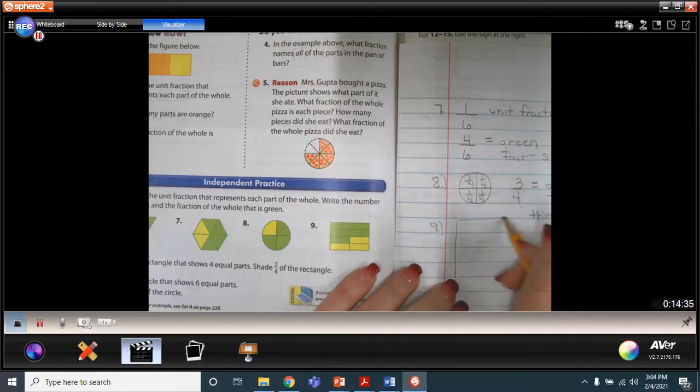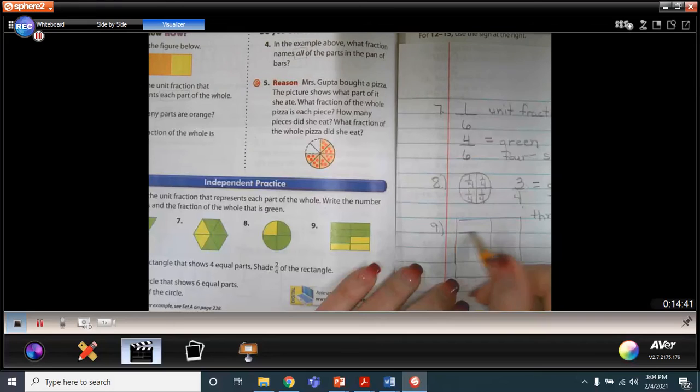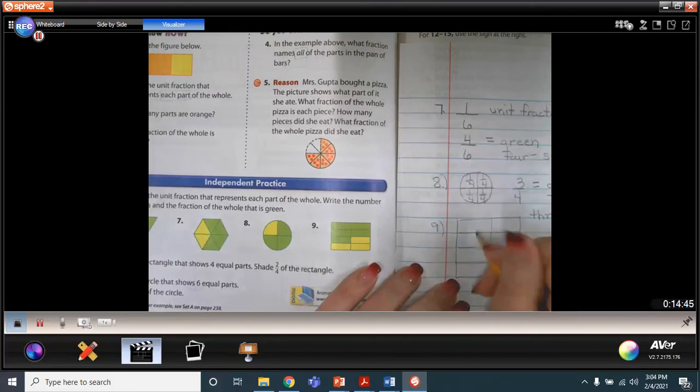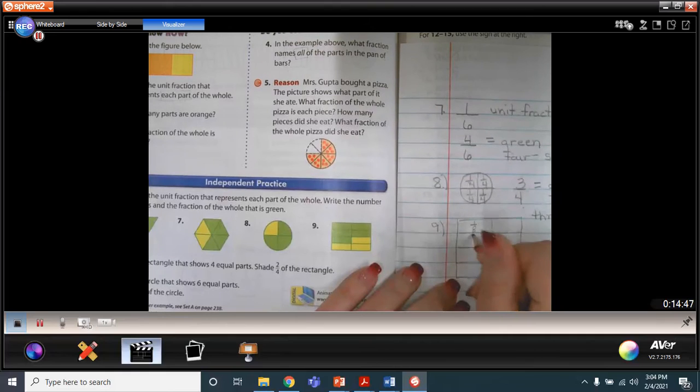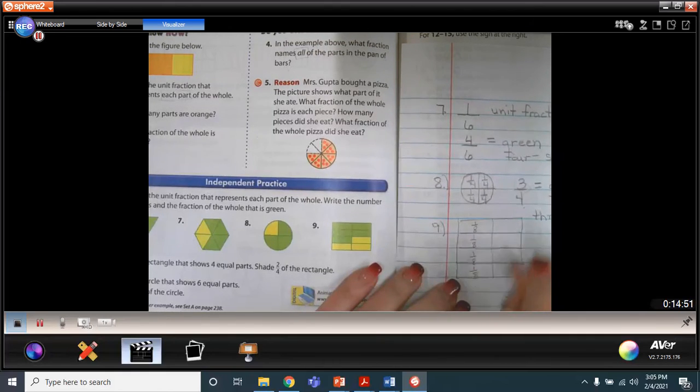I'm just going to draw it real quick here. Using my blue lines to kind of help me make sure that I'm doing equal parts. And each one of these is going to be a 1/8 piece. That's my unit fraction. My unit fraction is 1/8.